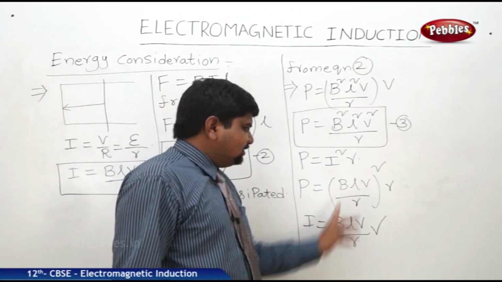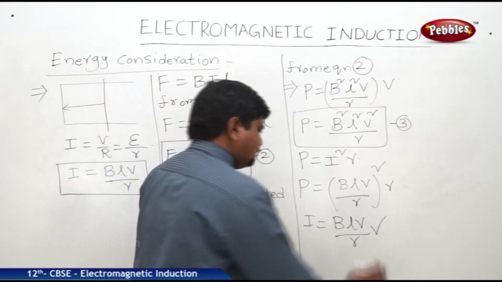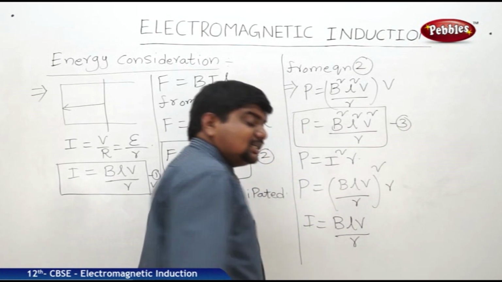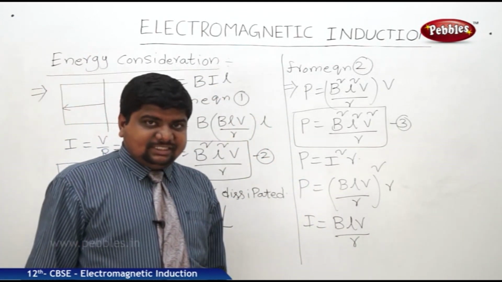So therefore I square is equal to BLV by R whole square. So I is equal to BLV by R. So this is the proof of the conservation of the electric energy in case of the moving charges.